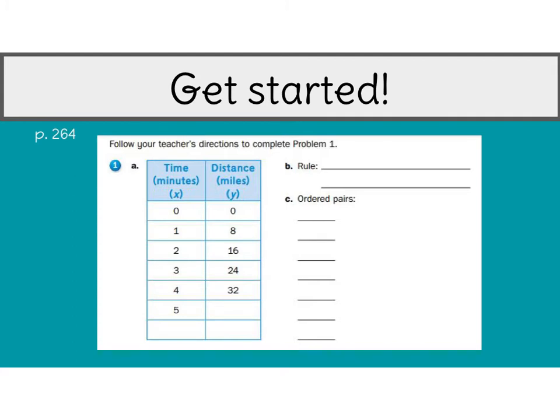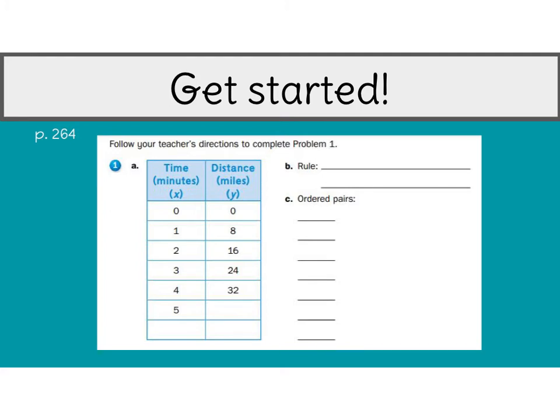Okay, and so what you are going to do is complete this table with me. And the first thing I want you to do is write the number 9 in the next row of the time column.